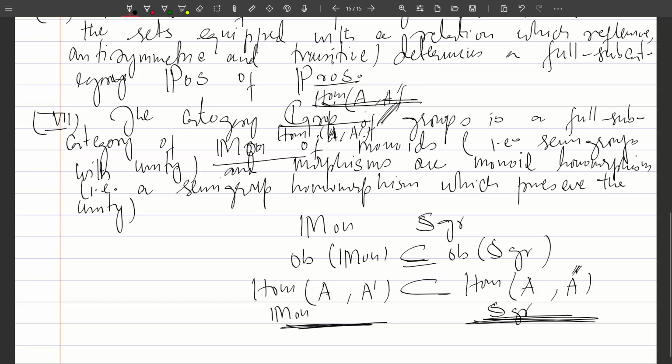Here one should note that this is proper containment, they are not equal, because monoid homomorphisms are supposed to preserve the unity. However, a semigroup morphism need not preserve the unity, because unity is not mandatory in the objects of semigroups. So this is an example of a non-full subcategory.